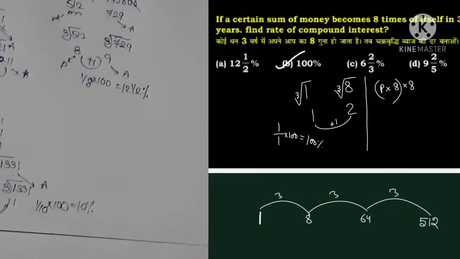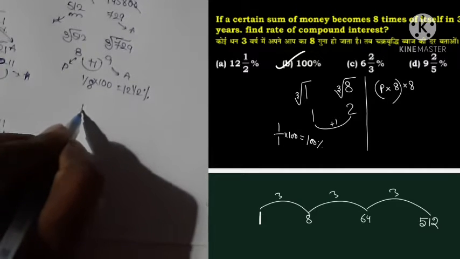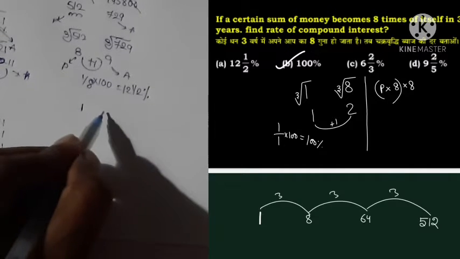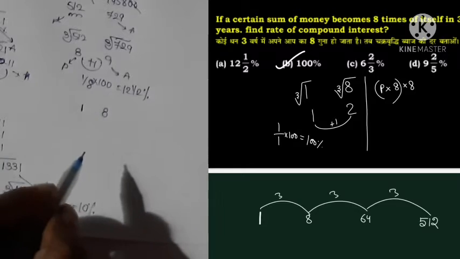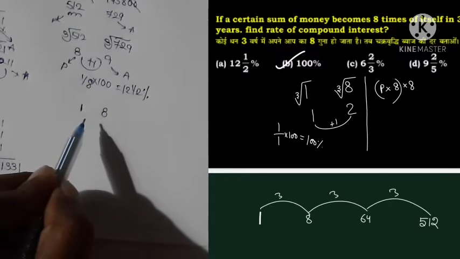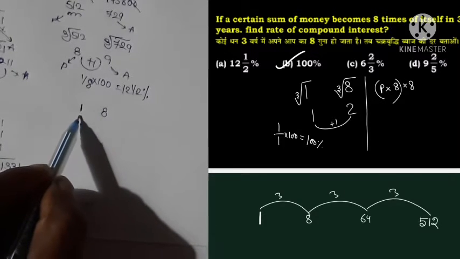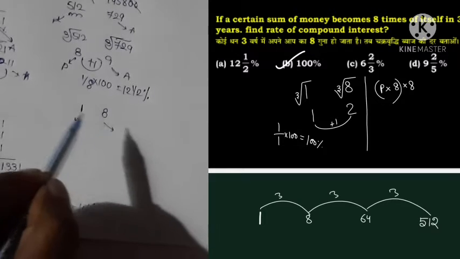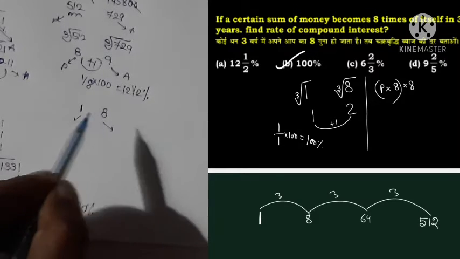If a certain sum of money becomes 8 times of itself in 3 years, find the rate of compound interest. The principal is 1, so the amount is 8. So in 3 years, the principal and amount are in the ratio 1 and 8.